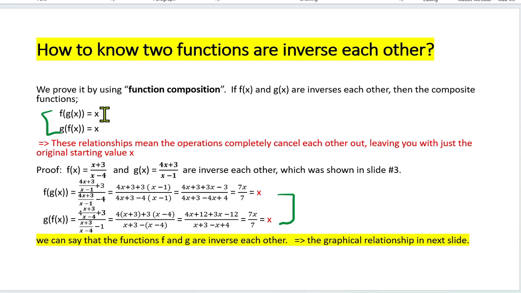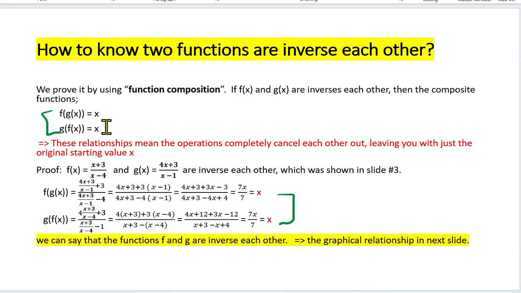So f of g of x came out to be x, and g of f of x equals x, the same x. Whichever order you take, the composite function always shows the variable x. So this is the definition.